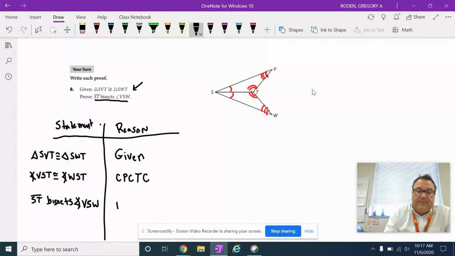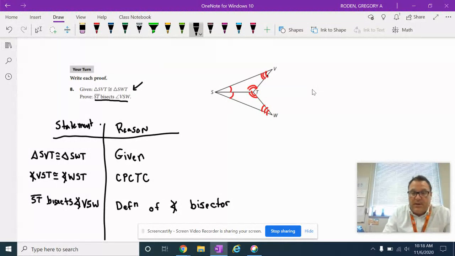Well, that's the definition of an angle bisector. DEF with a little n is shorthand for definition. So instead of writing the whole word, most math people just put DEF, and that's just a shorthand notation for definition. Definition of an angle bisector. If a segment is an angle bisector, then it creates two congruent angles. And we know they're congruent because of CPCTC.